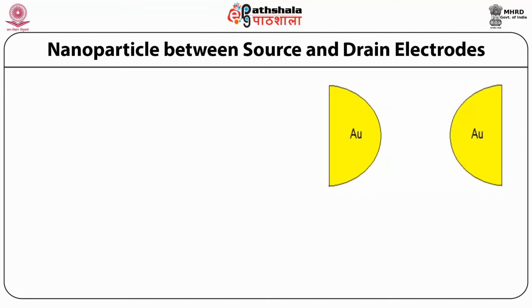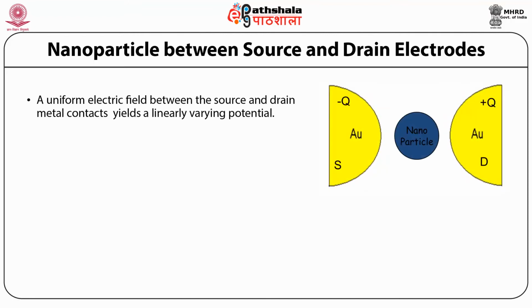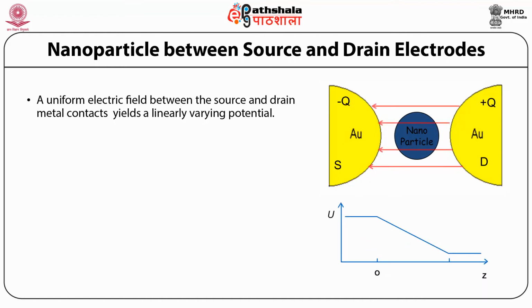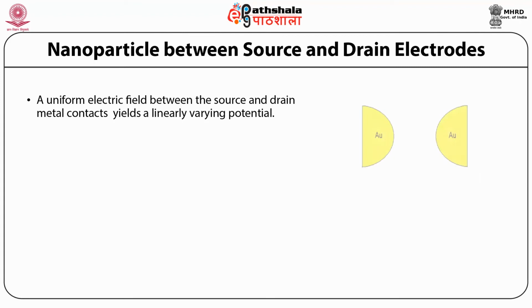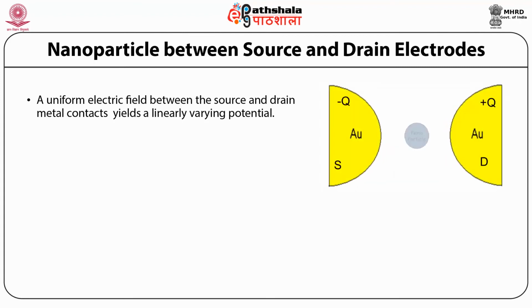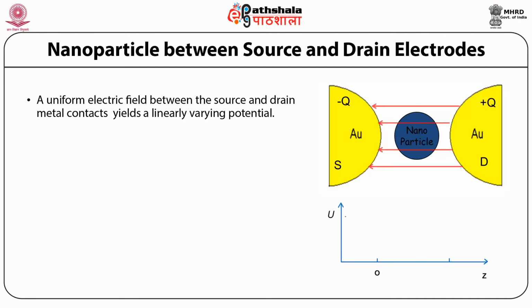This figure shows that a uniform electric field between the source and the drain metal contacts yields a linearly varying potential. Nanoparticle with two metallic contacts as shown in this figure. So at equilibrium, that is mu1 equal to EF equal to mu2, no current flows through the nanoparticle.